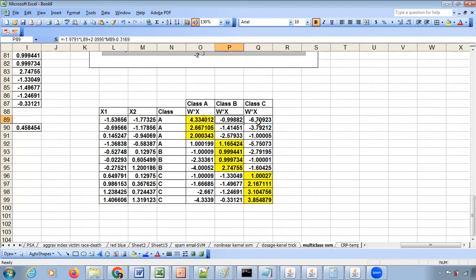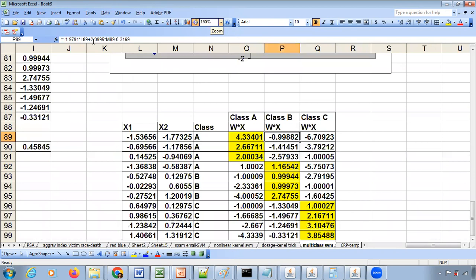So you hard code the theta parameter values, but you make these the variables. So for example, this is L89, column L, row number 89. That's our X1. And M89 is going to be our X2. So make those variables, L89, M89, but hard code the theta 1, theta 2, and the B terms.